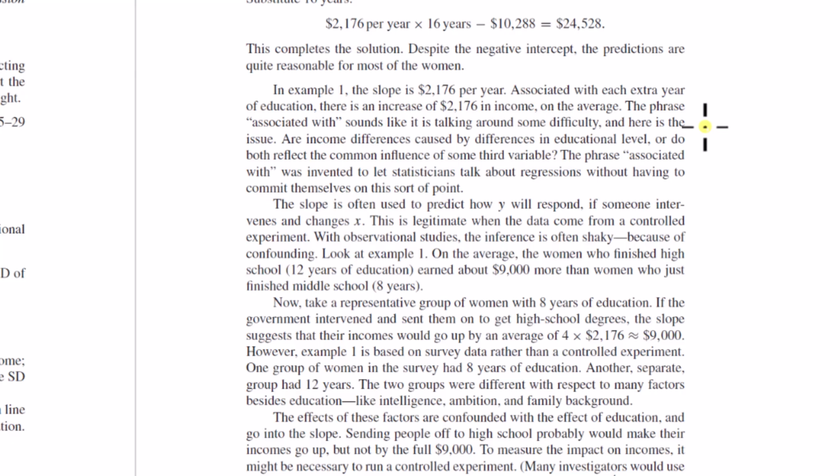Absolutely. We've talked about in previous chapters on regression and correlation how the correlation coefficient measures association, the level of association, right? And we've talked about how association and causation are not the same thing.